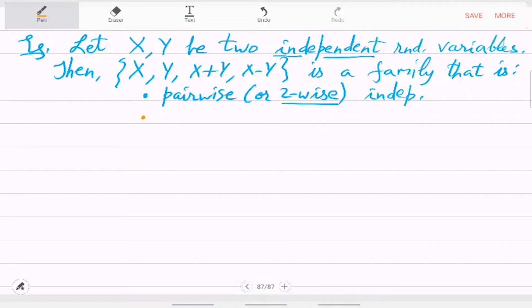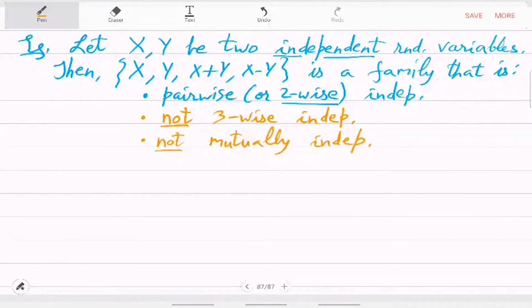However, this family is not three-wise independent. Because if you take X, Y, then X plus Y's value is implied. So intuitively, just because of that, they are three-wise dependent, and hence it is not mutually independent, because mutual independence would require four-wise independence, but that certainly is not there, because otherwise three-wise would have been there.